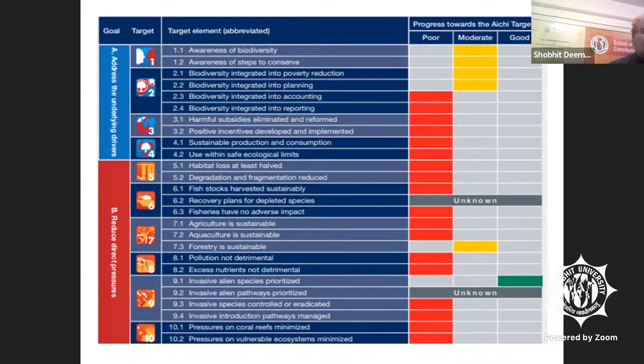This is related to the sustainable development goals. Biodiversity integrated into reporting, harmful subsidies eliminated and reformed. So several steps are required for the conservation of the environment, of nature, of natural resources, and for sustainable development.